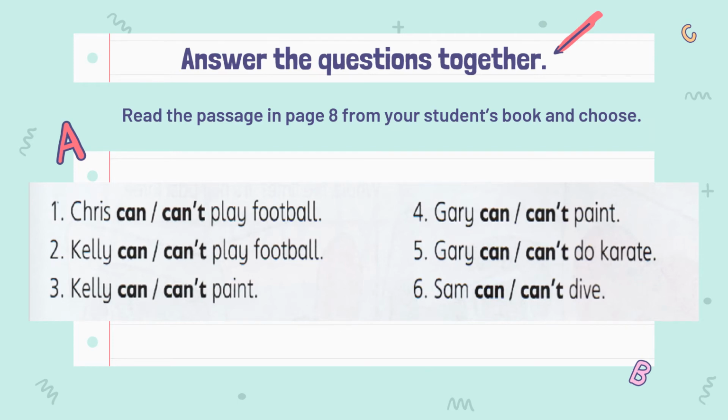Alright, so now let's try to answer the question together. If you cannot understand the passage, you can refer to page 8 in your student's book and practice together. So when I ask the question, you can try to answer, and then I'll show you the answer later. Okay, number 1.